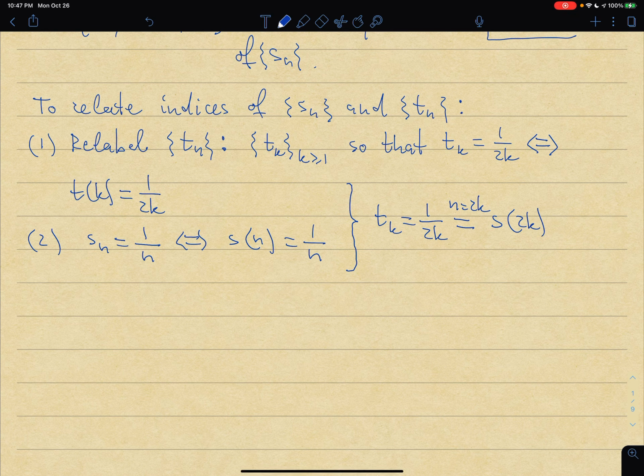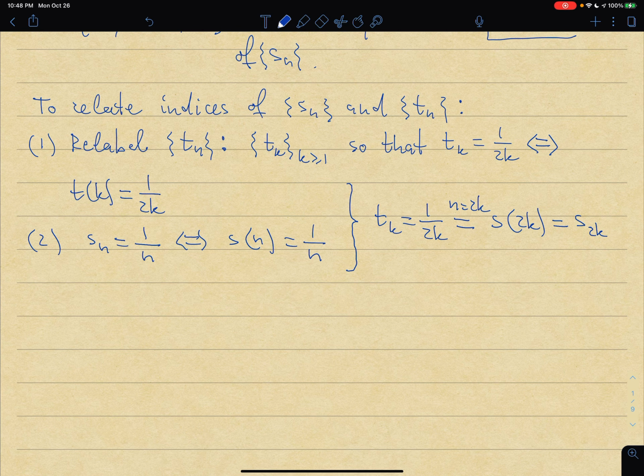And what is S of 2k? That is S with an index 2k. So basically, the way to associate elements of Tk to the original sequence Sn is to provide the relationship between n and k.